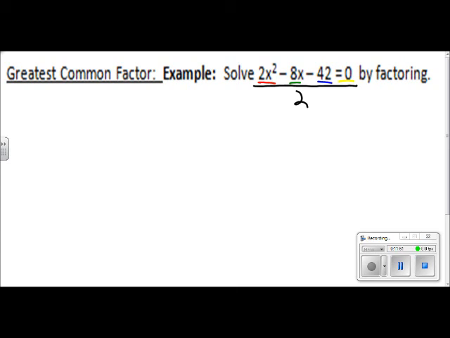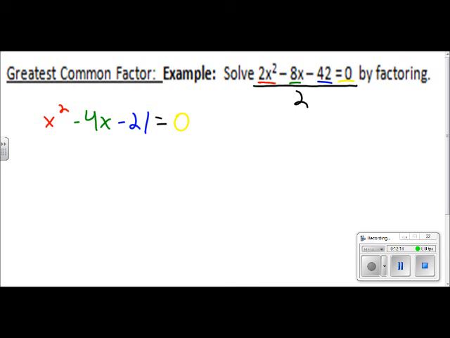If we factor 2 out of that 2x squared, we're left with x squared. If we factor 2 out of the negative 8x, we're left with negative 4x. 2 out of negative 42 becomes negative 21. And 0 divided by 2 is still just 0. So that's totally okay to have.